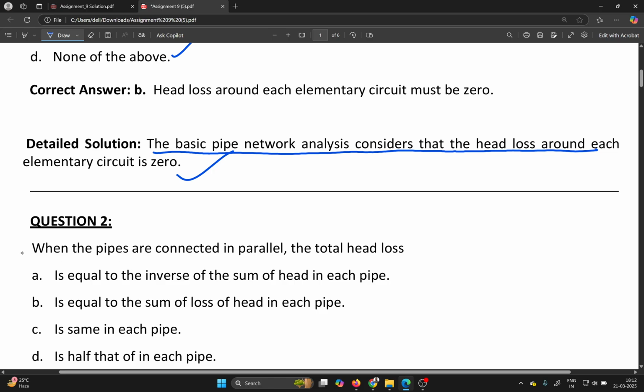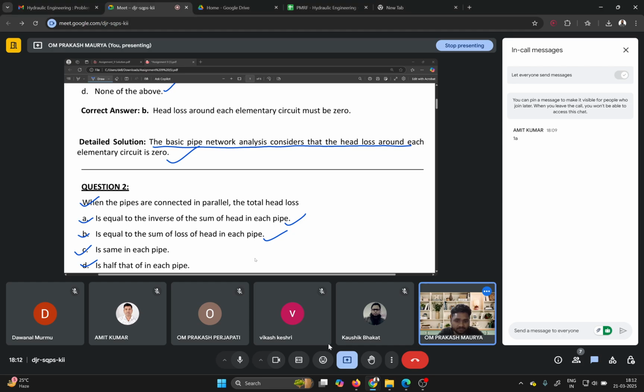When the pipe are connected in parallel, the total head loss is equal to the inverse of the sum of head in each pipe, is equal to the sum of loss of head in each pipe, is same in each pipe, is half that of in each pipe. Which option will be correct for question number 2? Please everyone try to write your answer in the chat box.